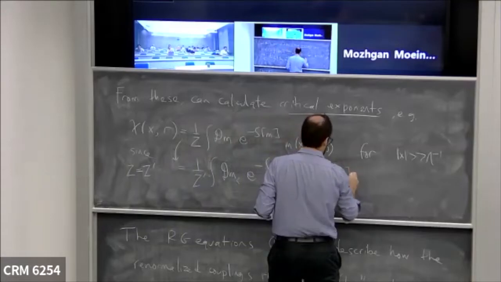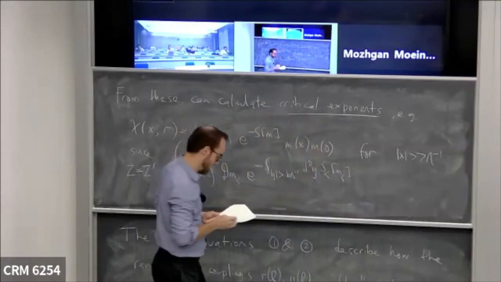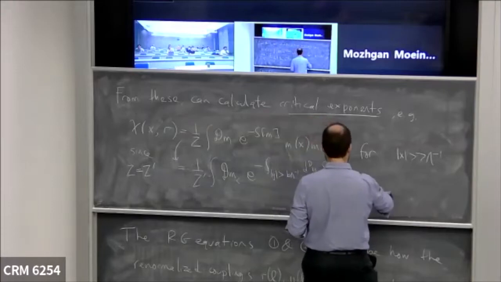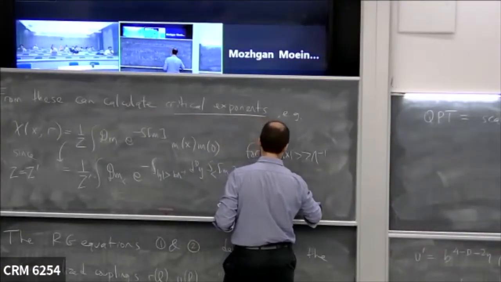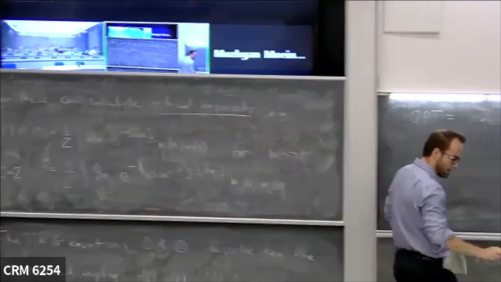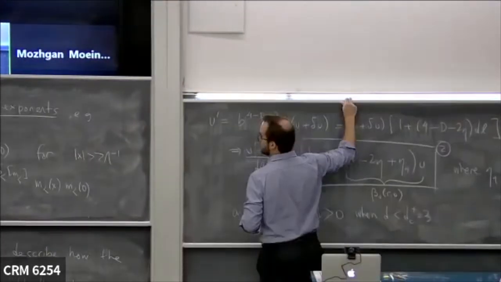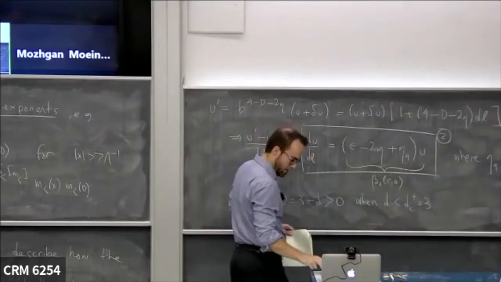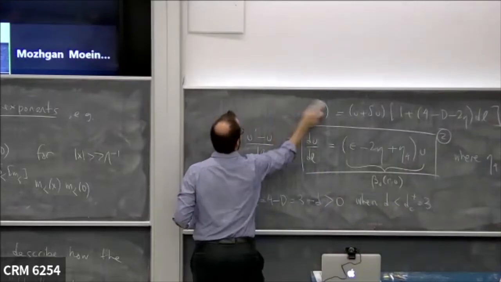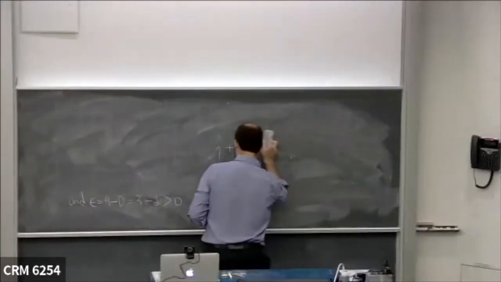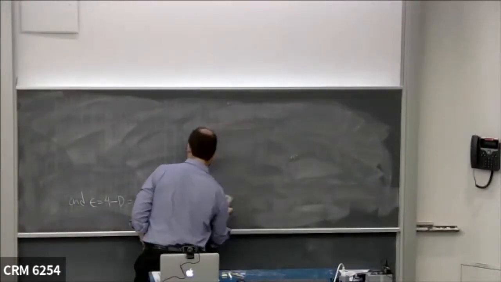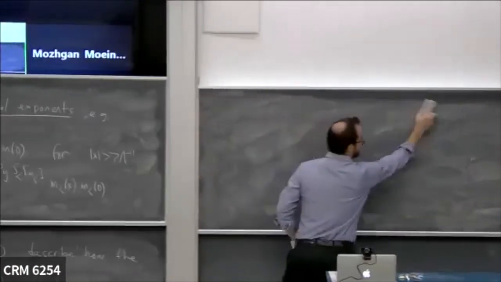So the same idea, but now I have an insertion. Here I can replace these by m lesser of x, m lesser of 0. This was the first step, integrate out fast fields. Then I rescale the coordinate and renormalize the field, and we do that simultaneously.